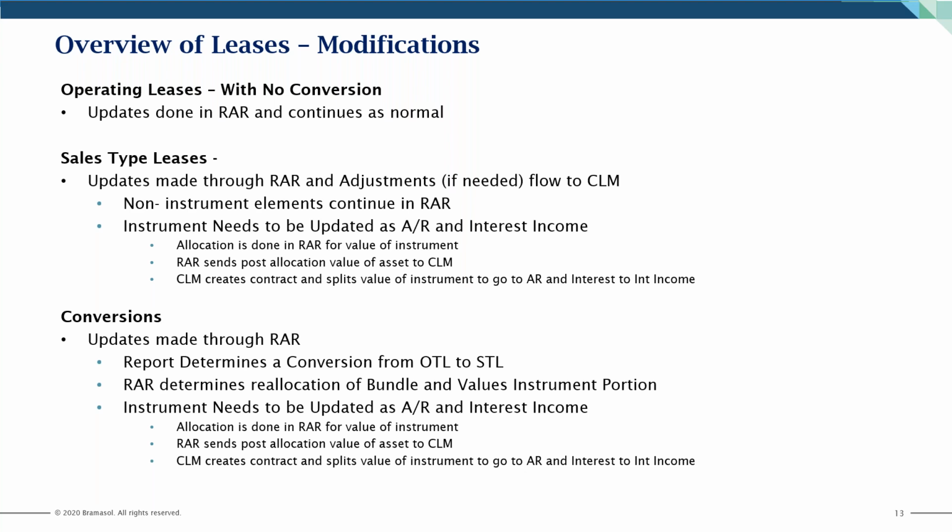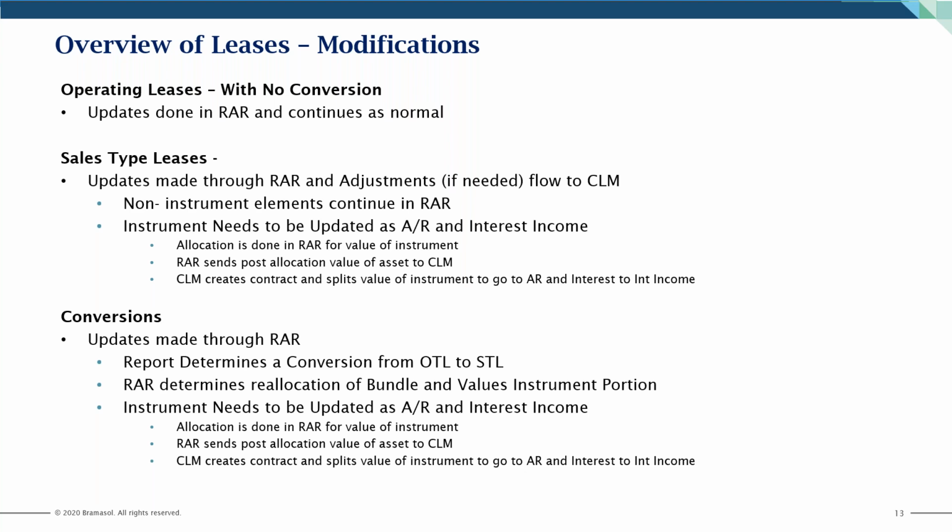And before we look at it from a systems perspective, Julio, can you comment a little bit about that unique aspect of what happens when something moves from an operating lease to a sales type lease as it relates specifically to the asset itself?